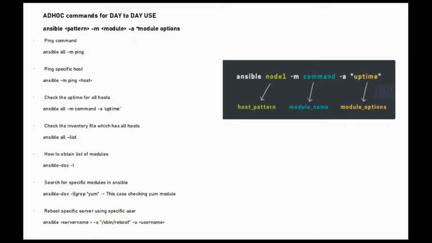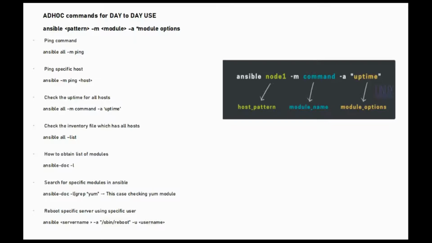In Linux we have something called a man page, used for help to know how a command needs to be executed or what options you need to pass. This is the same as a help page for Ansible.